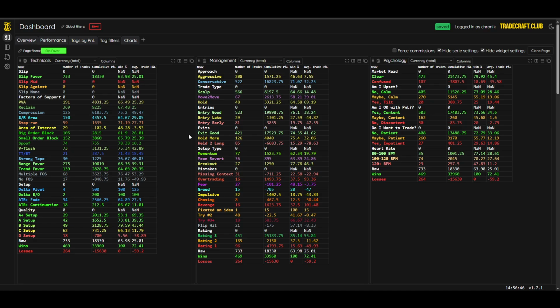I don't even know if I have that many screenshots for this. Here's the against. Here's breakouts.